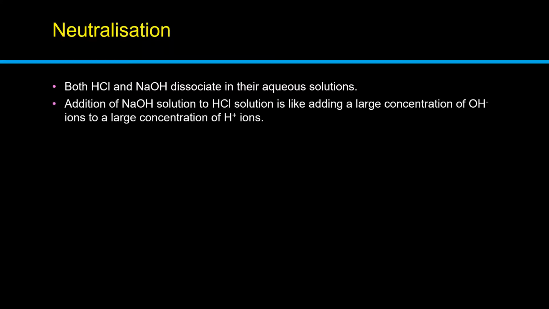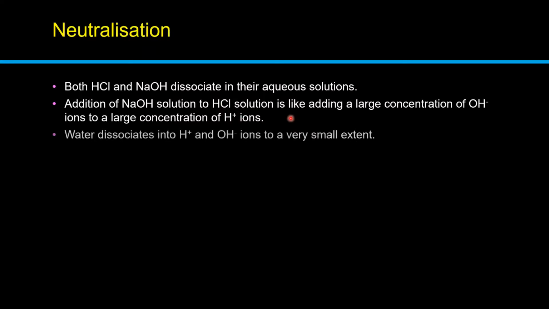What happened in the above experiment? Both hydrochloric acid and sodium hydroxide dissociate in their aqueous solutions, that we know. Addition of sodium hydroxide to hydrochloric acid solution is like adding a large concentration of OH minus ion to a large concentration of H plus ion from HCl.